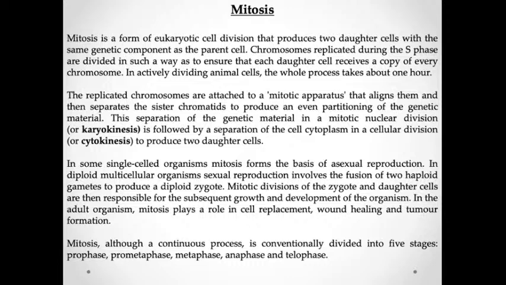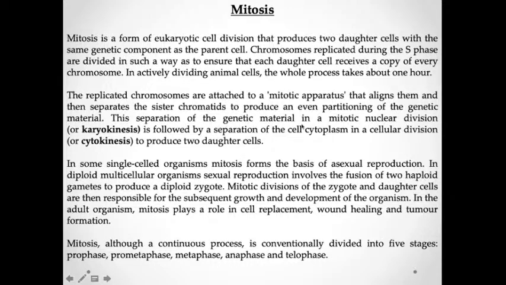So mitosis is a form of eukaryotic cell division that produces two daughter cells with the same genetic component as the parent cell. The replicated chromosomes are attached to the mitotic apparatus that aligns them and then separates the sister chromatids to produce an even partitioning of the genetic material.